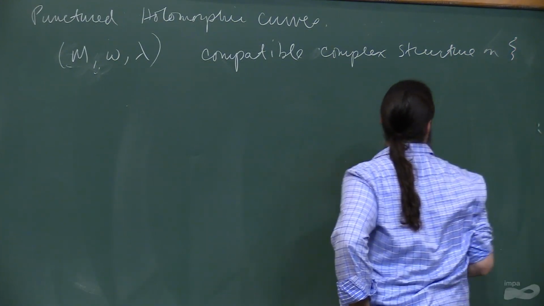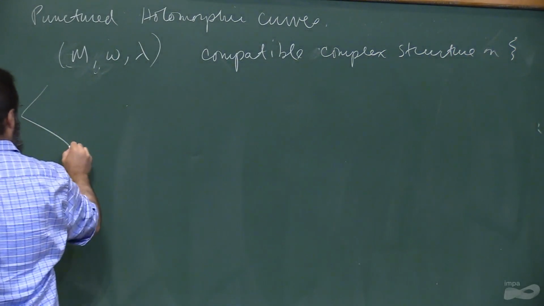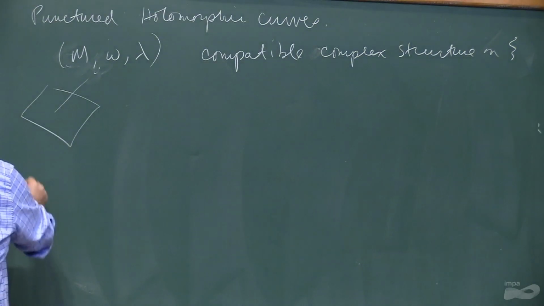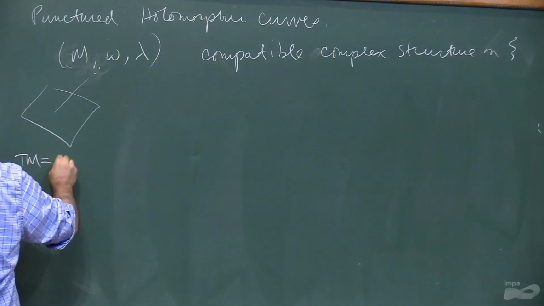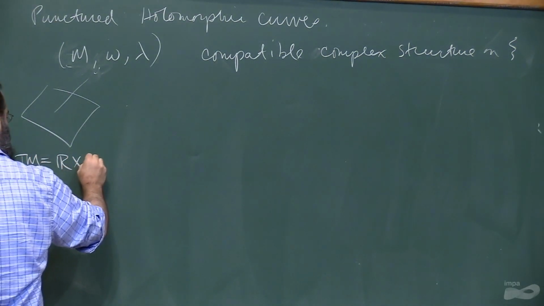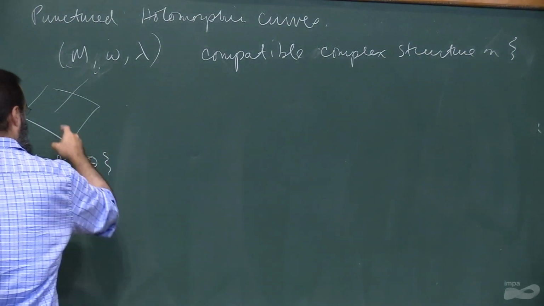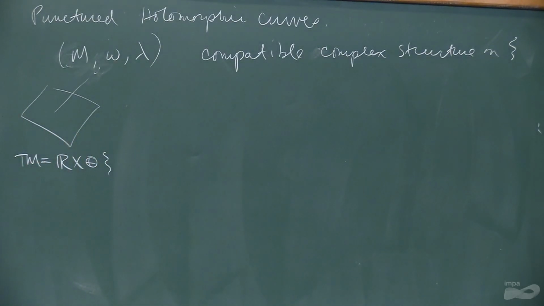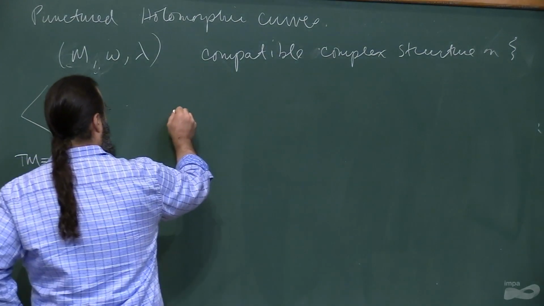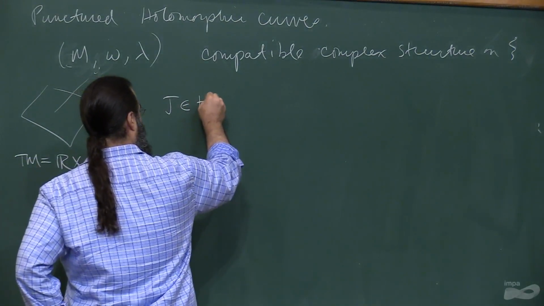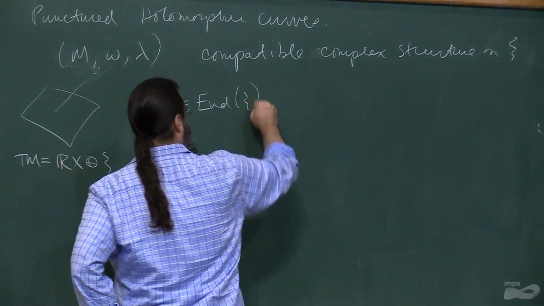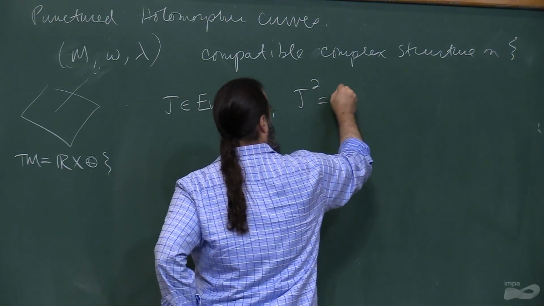on C, which is the kernel of lambda. So everywhere we've got that splitting of the tangent space, and we want to define a complex structure there. We say it's compatible if, so we'll have an endomorphism of C, it should square to negative the identity.